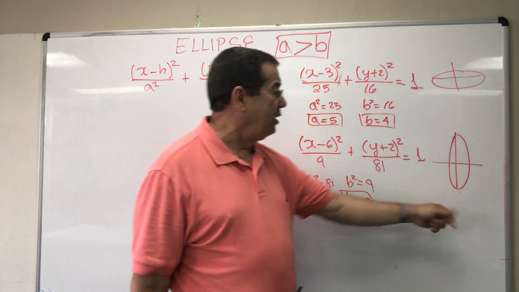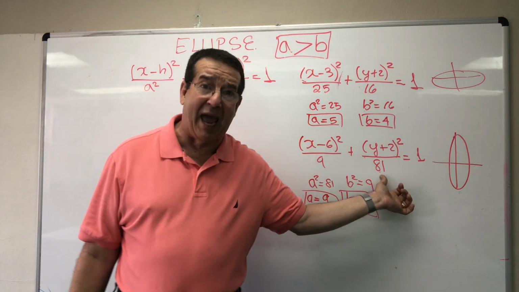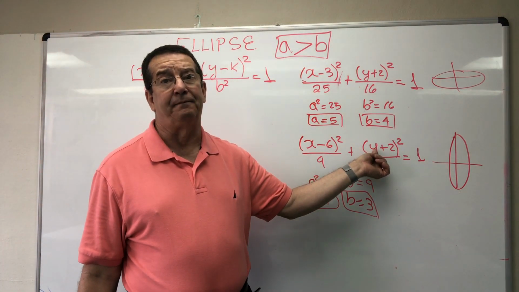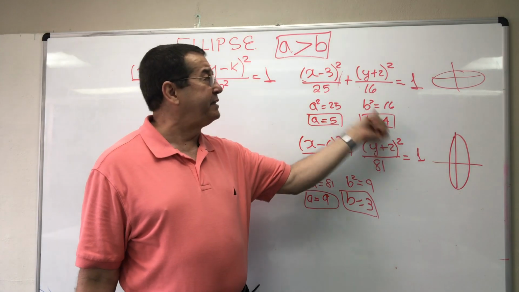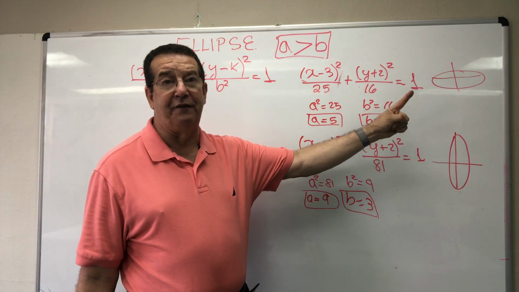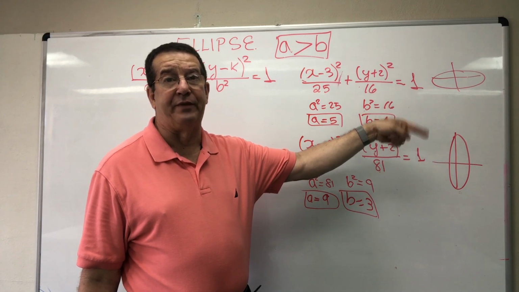Vertical, when A squared is in the denominator of the variable y. And when it is in the denominator of the variable x, it is horizontal. Two different positions of the ellipses.